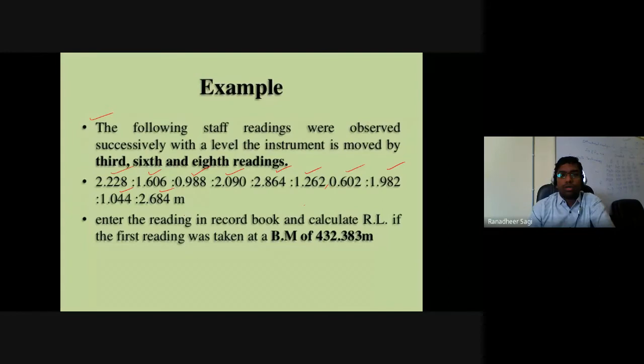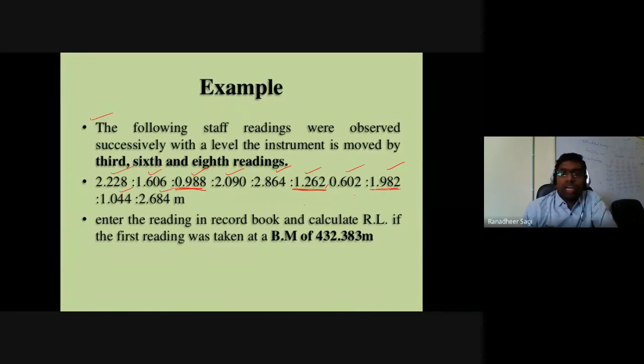So I have staff readings data with me, and what is said is, after the 3rd staff reading, there is a shift in instrument. After the 6th staff reading, there is a shift in the instrument. After the 8th staff reading, there is a shift in the instrument.